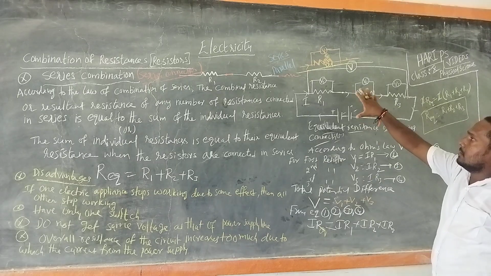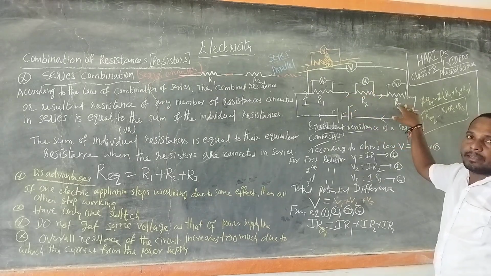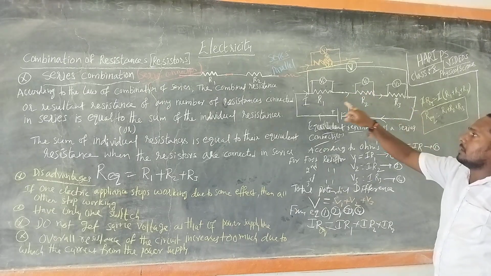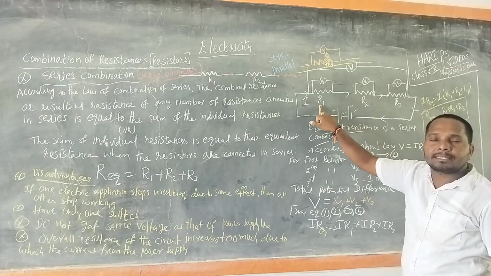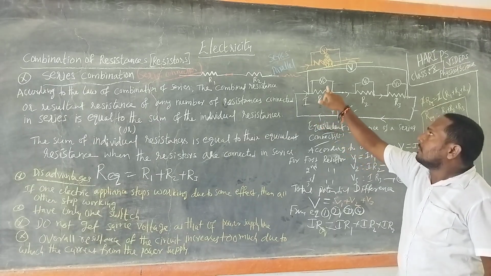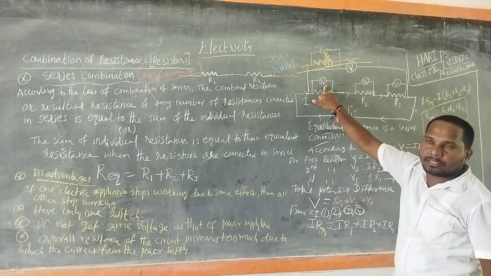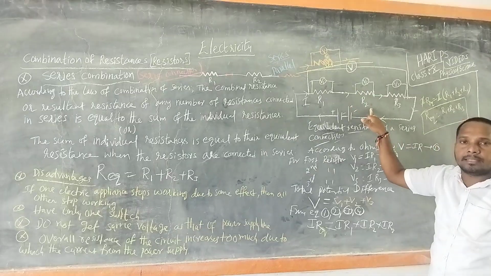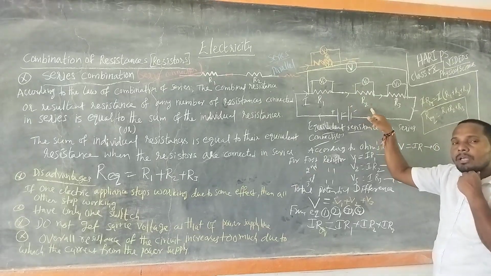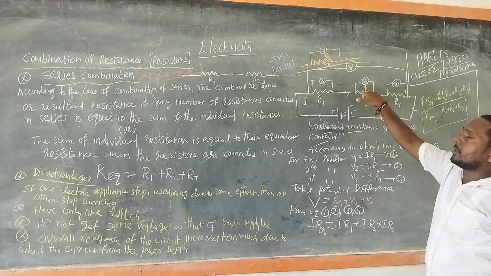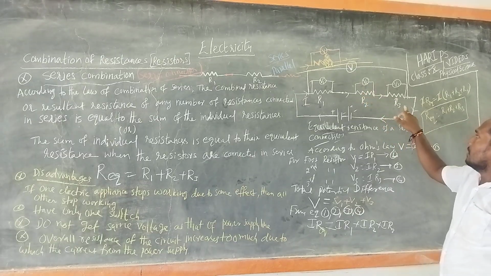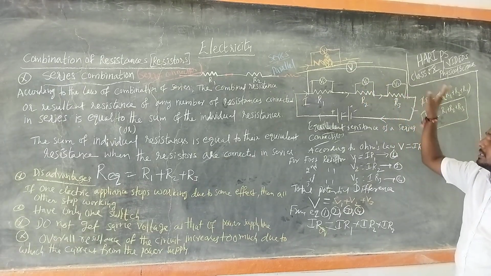So three resistors are connected in a series. Here R1 is the resistance of the first resistor, V1 is the potential difference, R2 is the resistance of resistor 2, potential difference is V2, for R3 V3.